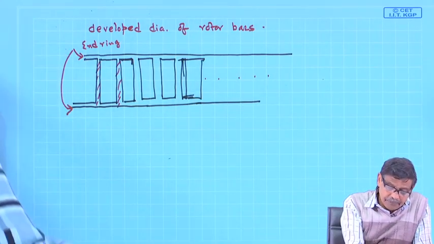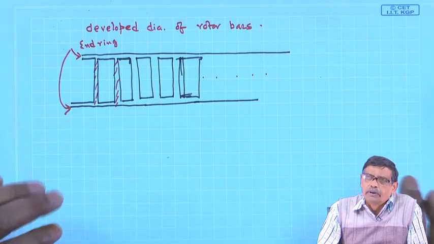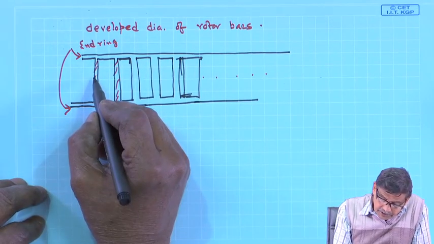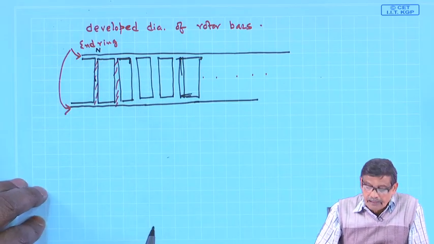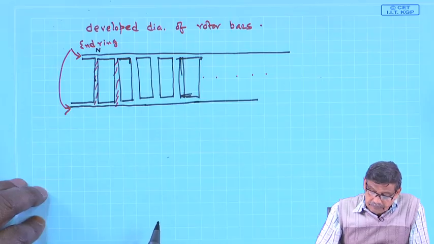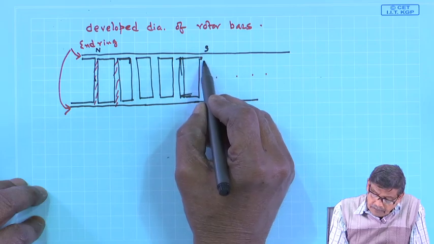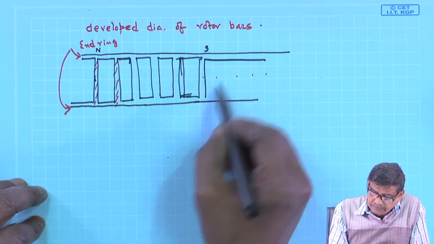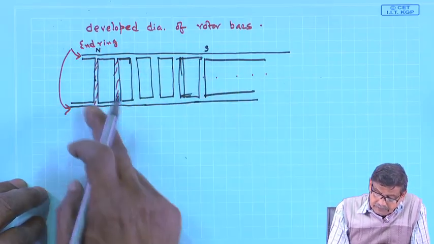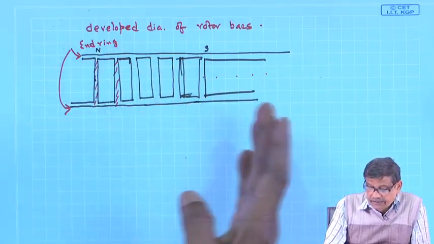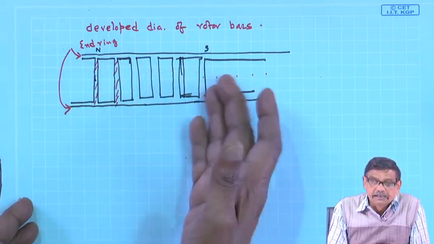Now, suppose the number of stator poles is 2 pole or 4 pole, whatever it is. Suppose this conductor is under the center of the north pole. Then under the center of the south pole, there will be a bar present, and that is all, because north and south poles dictated by the stator decide the induced voltage and current in the rotor bars.